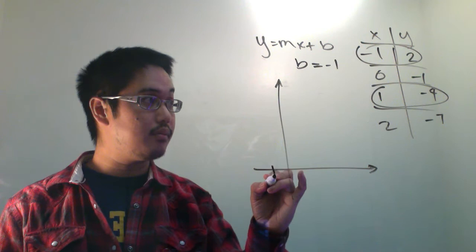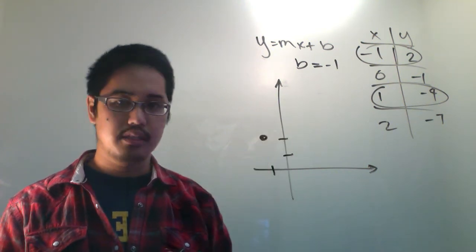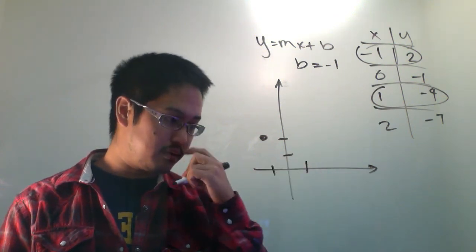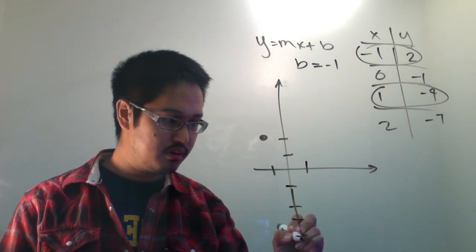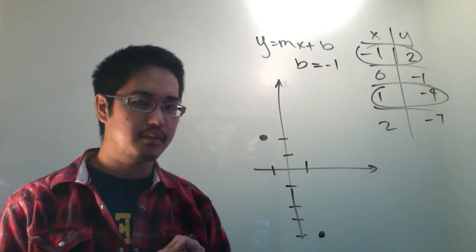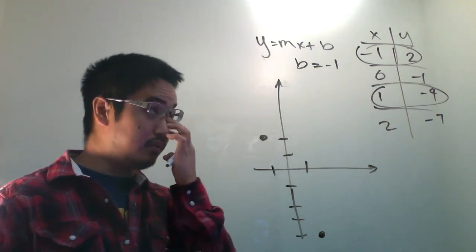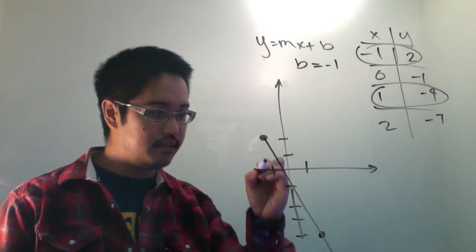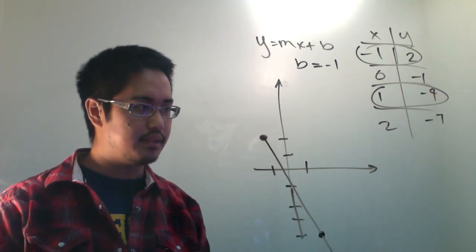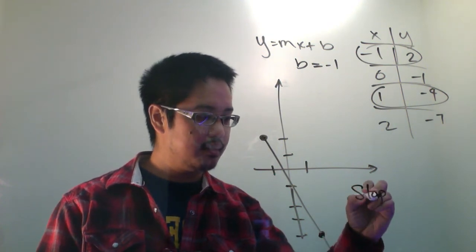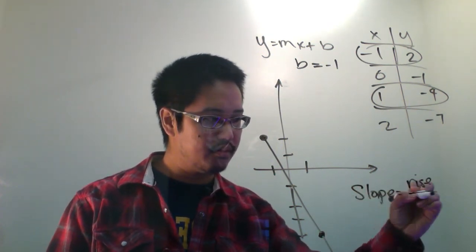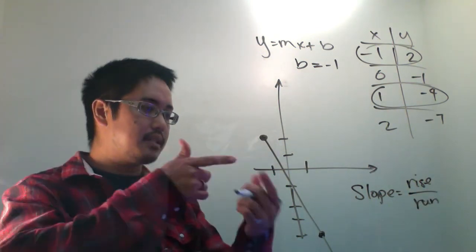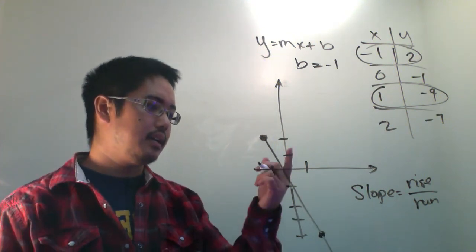My x is equal to negative 1, my y is equal to positive 2. There we go. And my x is equal to positive 1 in this case, and my y is equal to negative 4. There we go. Okay. So the question I have to ask myself is, if my slope equals rise over run, then what is my slope?